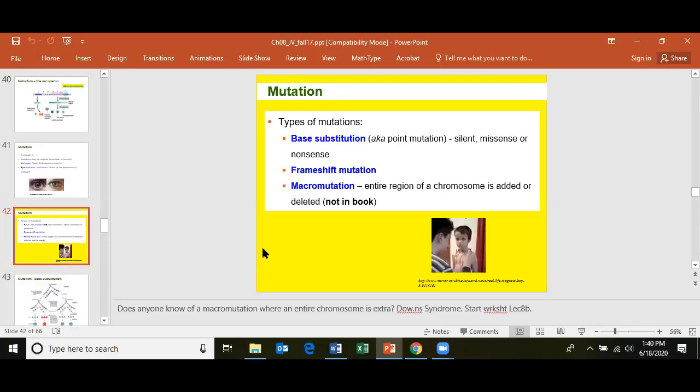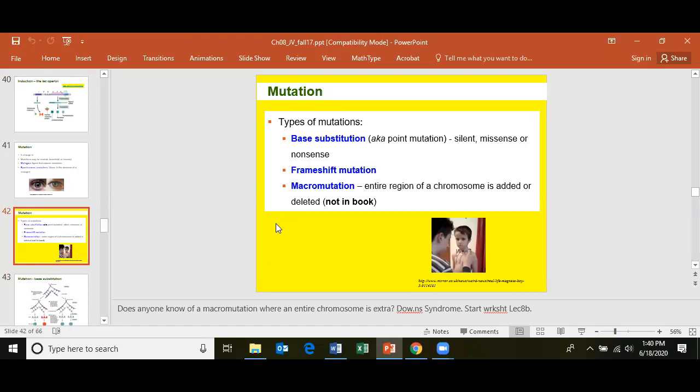There are different types of mutations, and this is actually in the worksheet, but I'll briefly go through it. You can have a base substitution, that's a point mutation, where one nucleotide base is switched. And that's why it's called a point mutation. There are different types of base substitution.